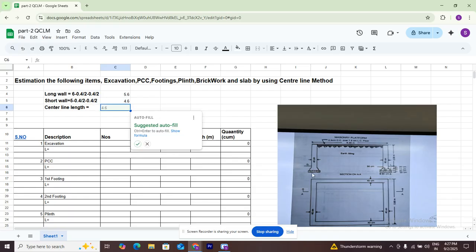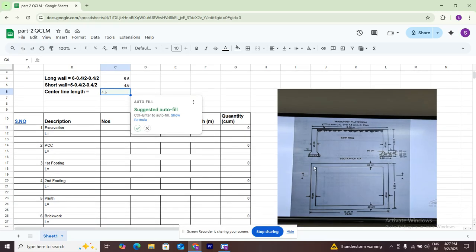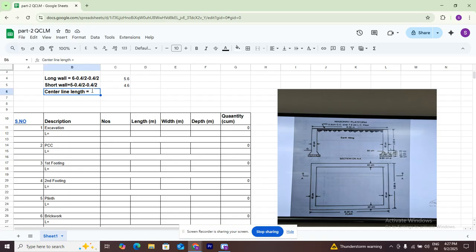What is the center line? The center line is the overall center to center distance around the building, here to here, all around this one room building. Why am I putting 2?